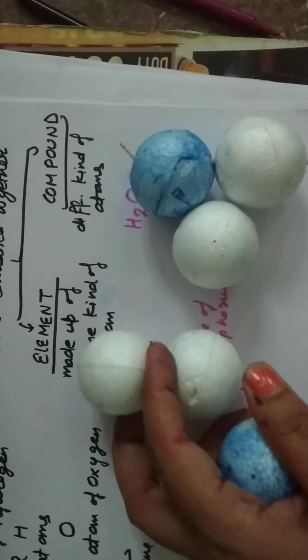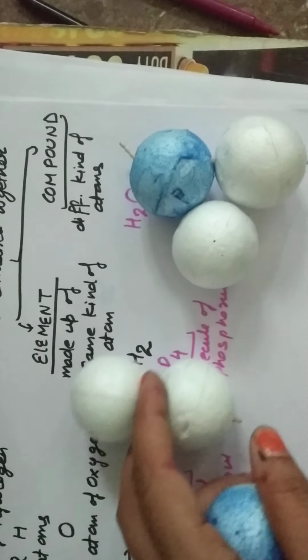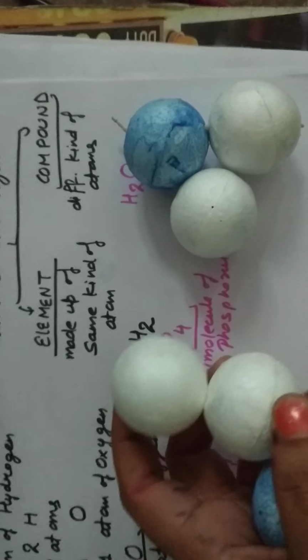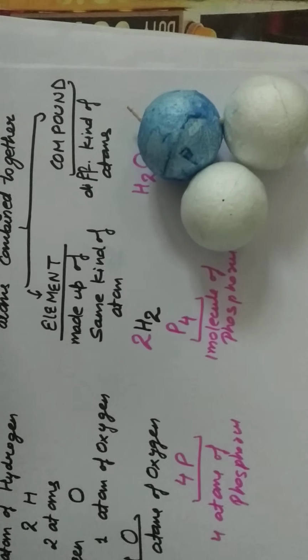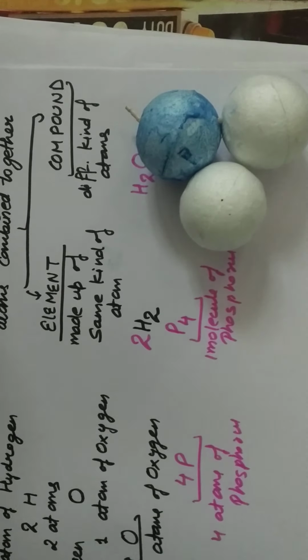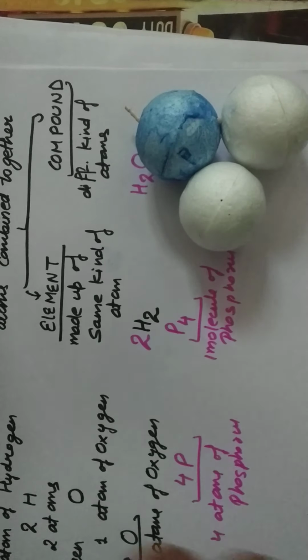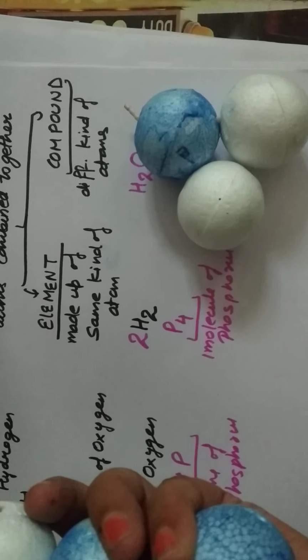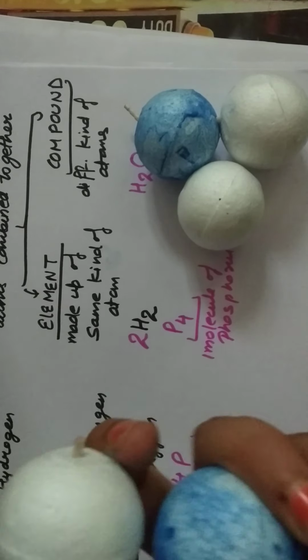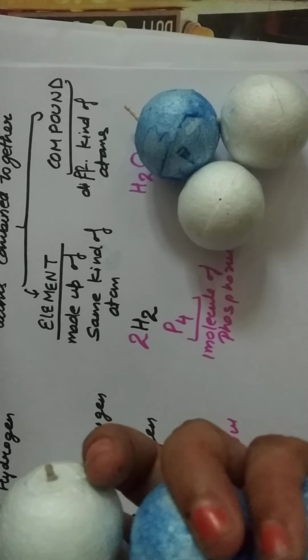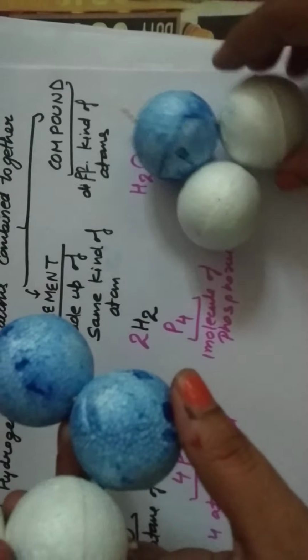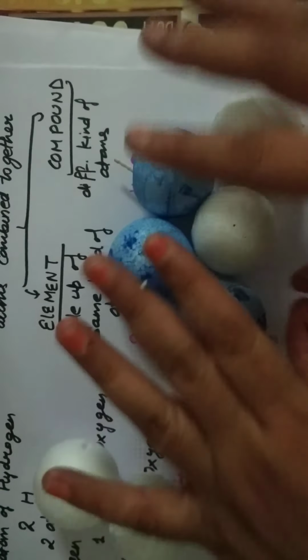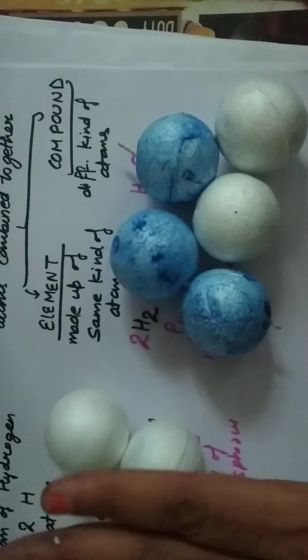Similarly, we can show the example of carbon dioxide. So this is a hydrogen molecule, this is an oxygen molecule, and this is H2O. These are groups of atoms which are joined with each other.